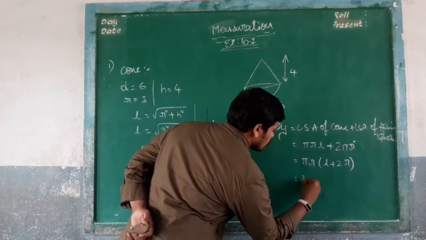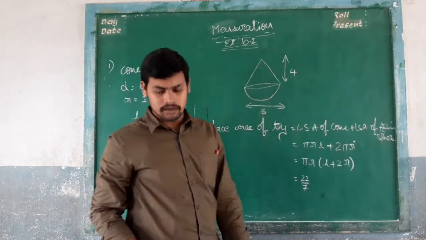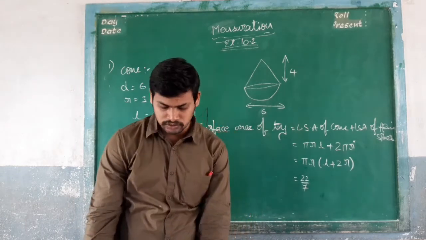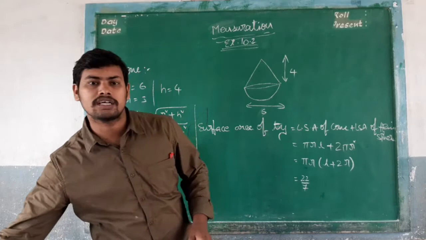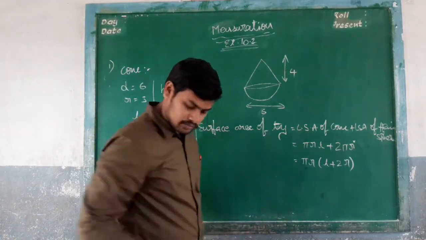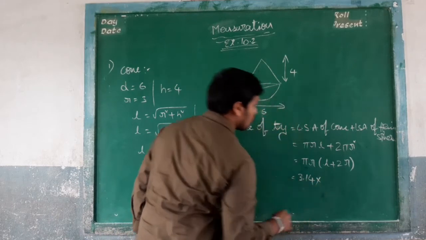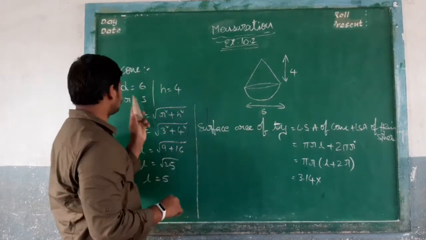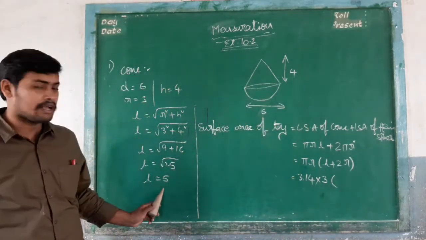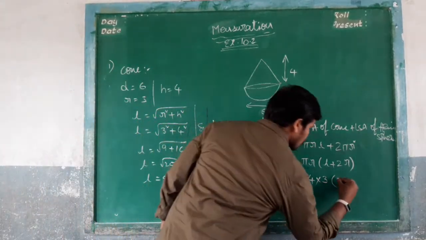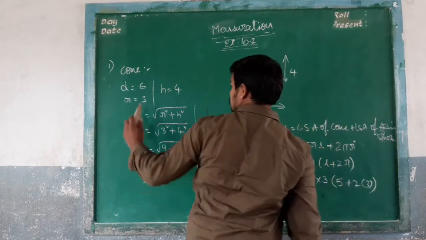Pi value 22 by 7. Sorry, he already mentioned specifically to take the pi value as 3.14. So you have to write pi value as 3.14. What is the r value here? R value 3. What is the L value here? L value is 5, plus 2 into r value 3.